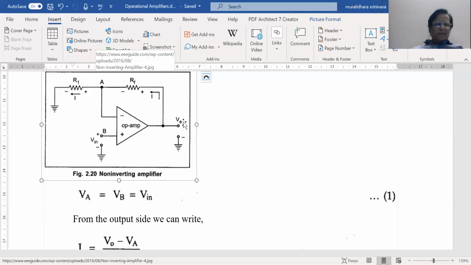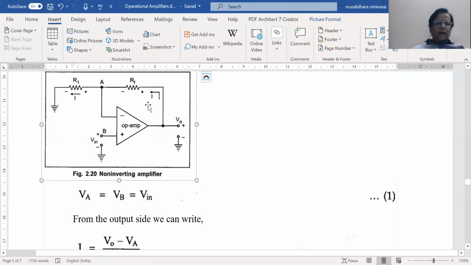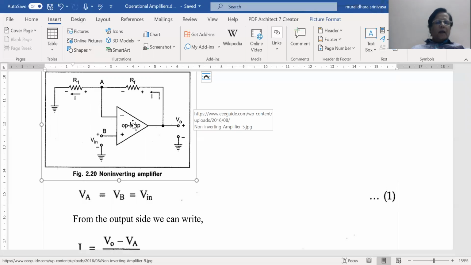V0 is positive, this is 0. So current flows in this direction. So this is the higher potential. So (V0 minus VA) by RF, that should be the current I. Since this is at the ground potential and no current is taken up by the op amp, the same current I should also flow through R1 to the ground.